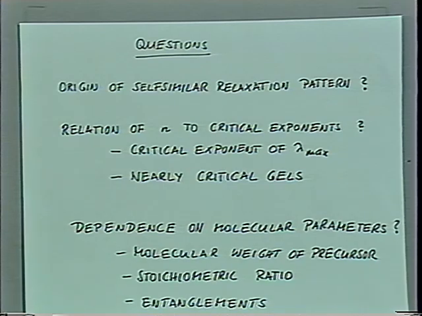Also, the molecular structure is very complicated. It's a so-called fractal structure, and when you calculate the relaxation behavior of molecules which are not linear or stars, but molecules which have a fractal structure, you will find that they follow a self-similar relaxation behavior. Muthukumar has done that some years ago in '85.